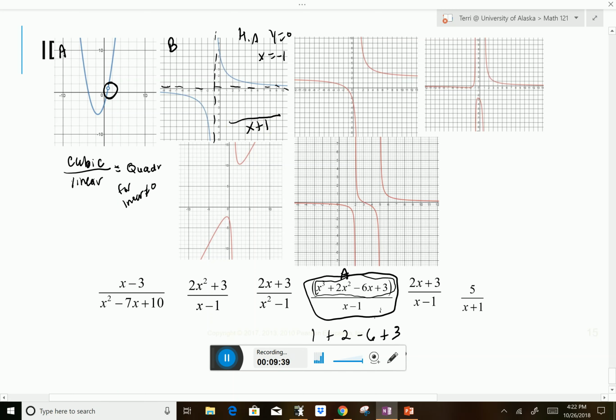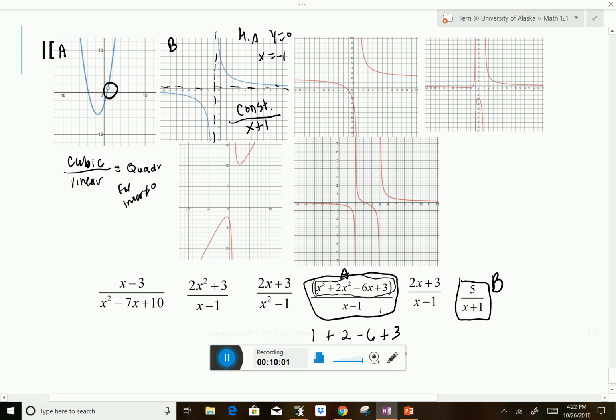On the top, I should have something that's less than x plus 1, so I need a constant on the top. So where do I have a constant on the top and an x plus 1 on the bottom? Well, this is the only one that has an x plus 1 on the bottom, right here.